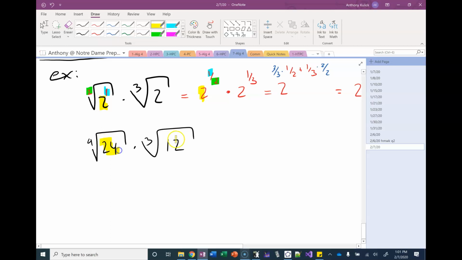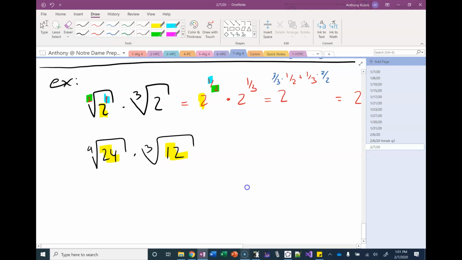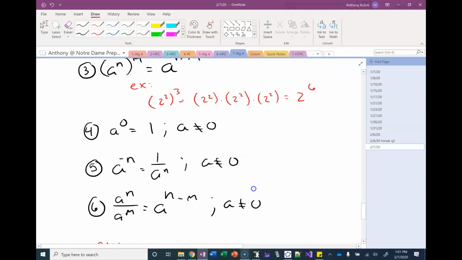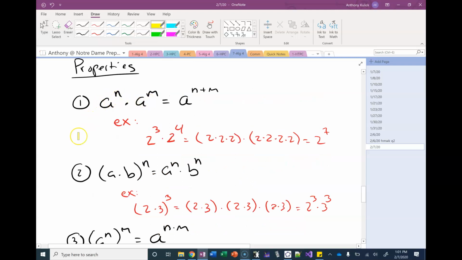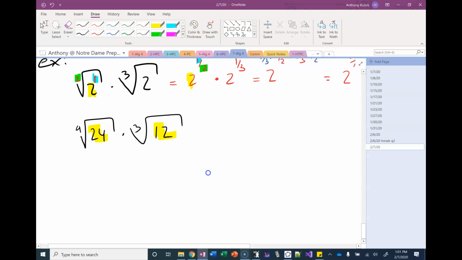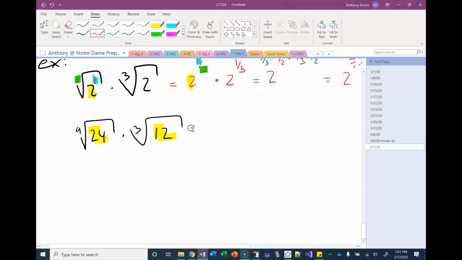The radicands are different. Notice all of our properties for exponents here required the same number in the base of the exponential, right? So guess what I'm going to do to start this problem? I'm going to do a prime factorization.